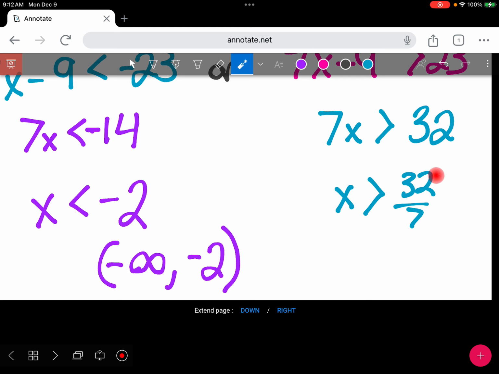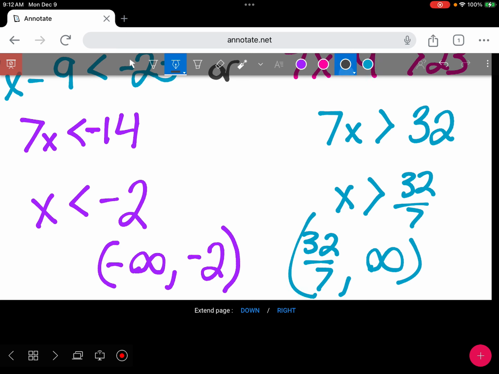How do I put this one as an interval? 32 sevenths to infinity. And remember, Buzz Lightyear's wrong. You can't go past. How do I join them up? Union. We can't go beyond infinity. Buzz Lightyear is wrong.